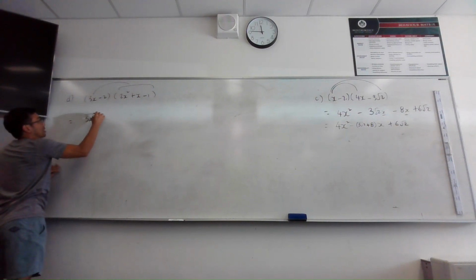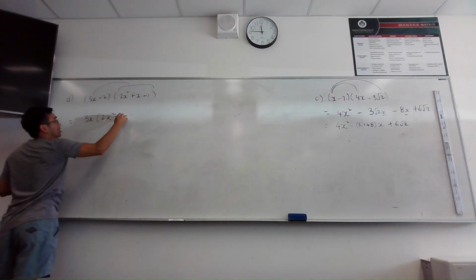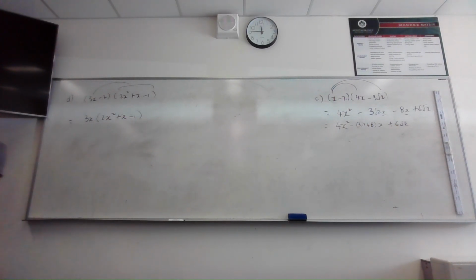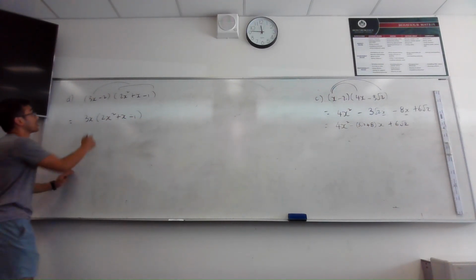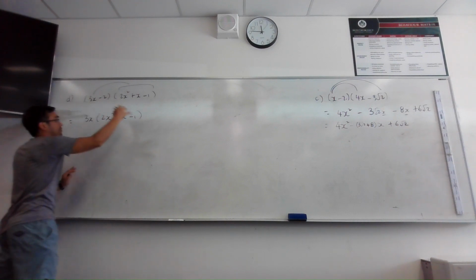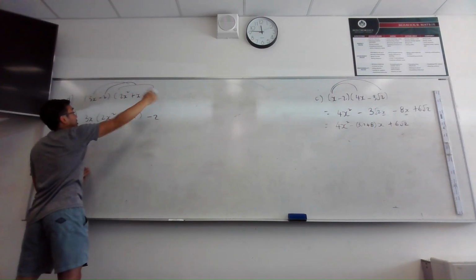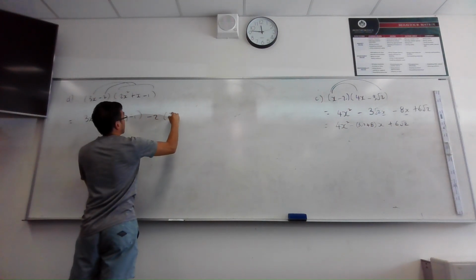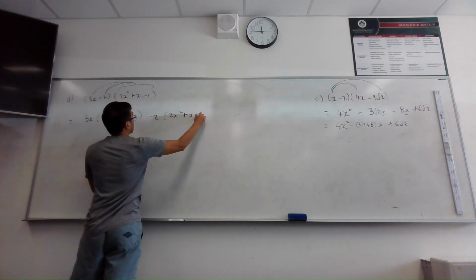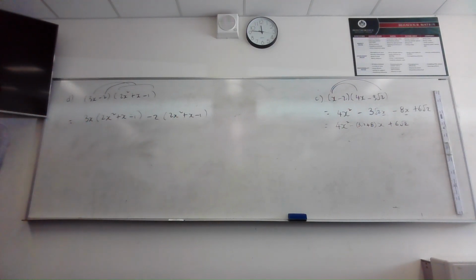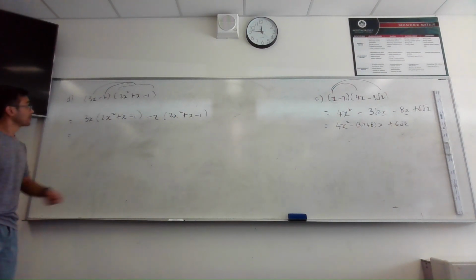The 3x is going to be multiplied by the whole thing once. Likewise, this negative 2, you're going to multiply it with everything in the second bit. They're pairing up. They're having a bit of a dance. We pair them up, as you said.